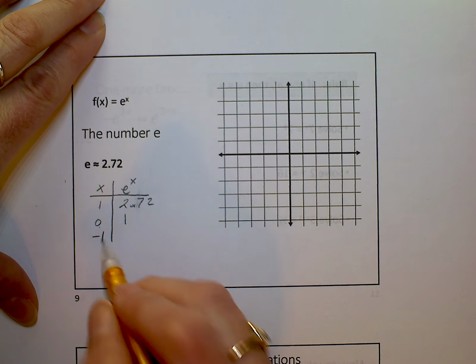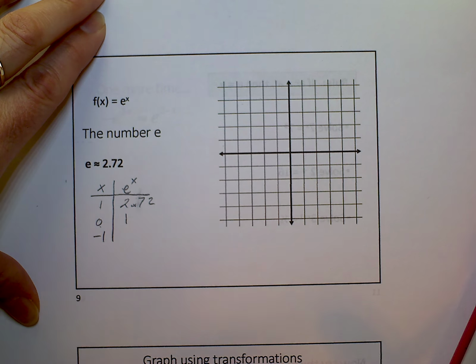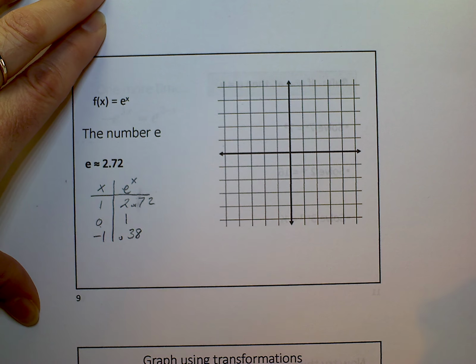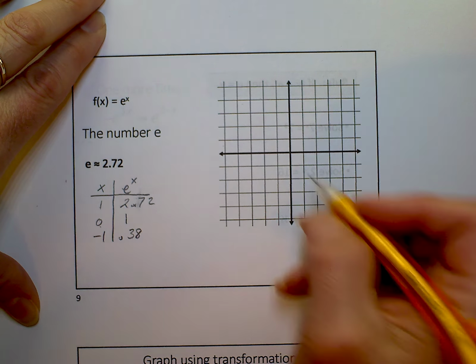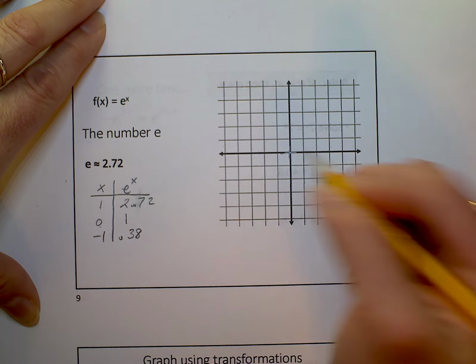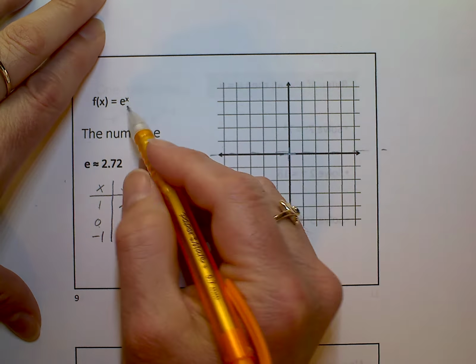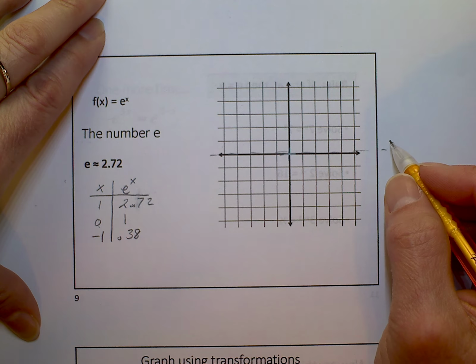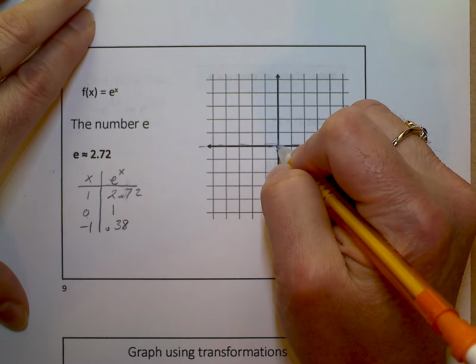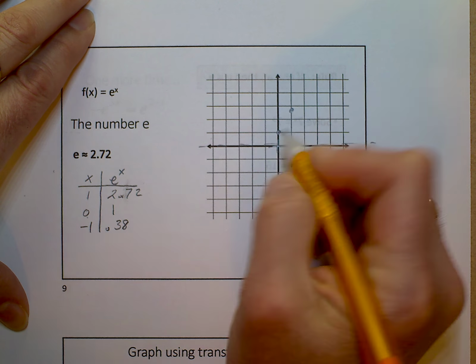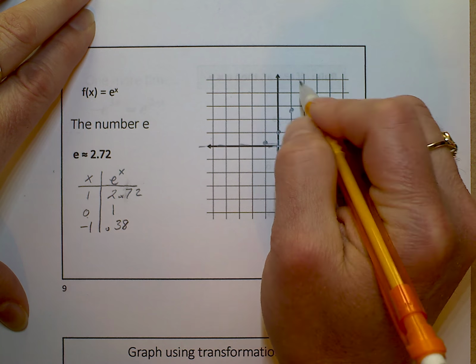And when I take e to the -1, gotta grab that special button, I get 0.38. E to the -1 is 0.38. So I still have a horizontal asymptote at 0. That didn't change. This is just my base changing to a special number. So from here I'm going to graph 1, 2.72, 0, 1, and -1, 0.38.